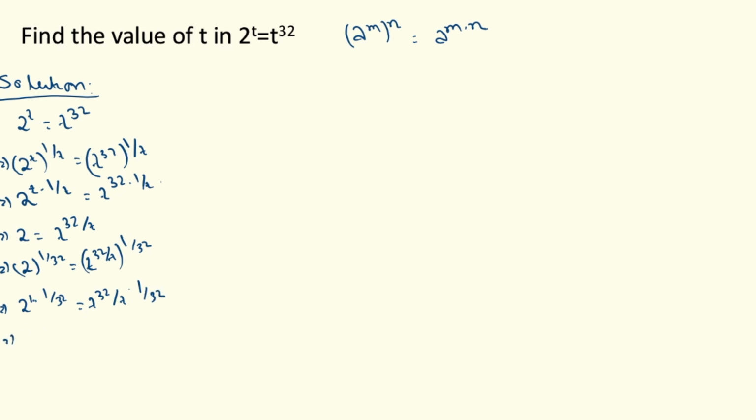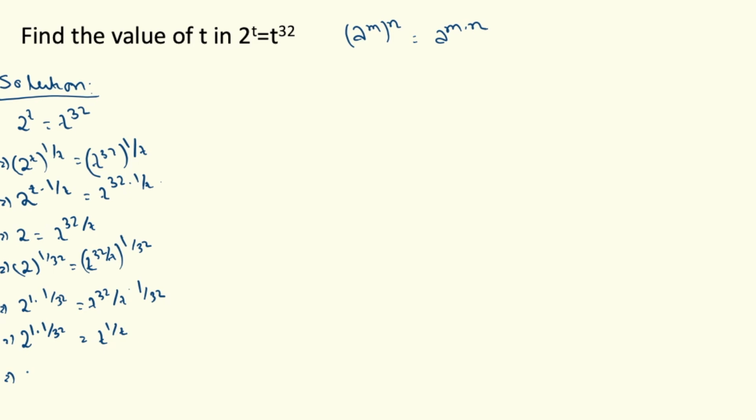Now the value 1 can be written as 2 by 2, 4 by 4 or 8 by 8, where numerator and denominator are equal. But let me just solve the right hand side first. I'll keep the left hand side as it is, 2 to the power 1 into 1 by 32. This 32 and 32 will get cancelled out. Hence the right hand side will become t to the power 1 by t.